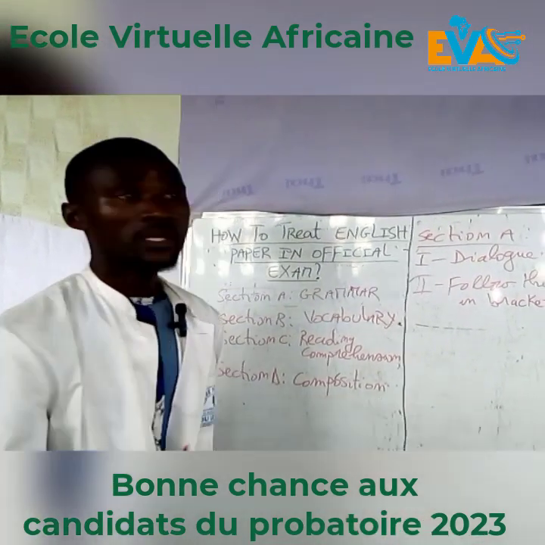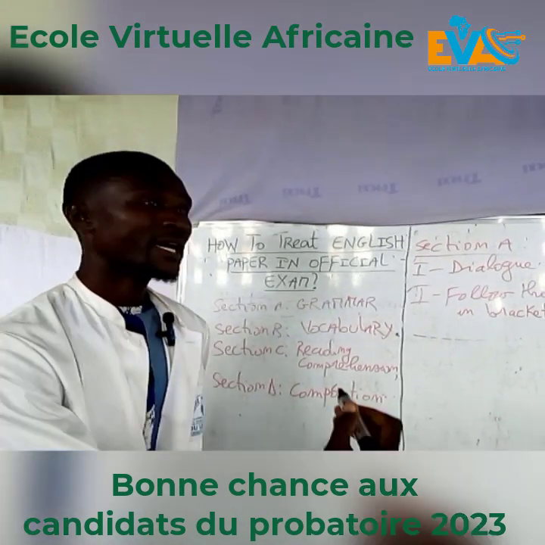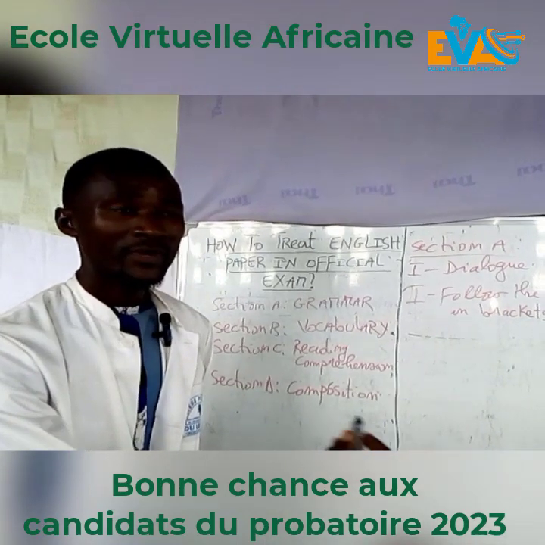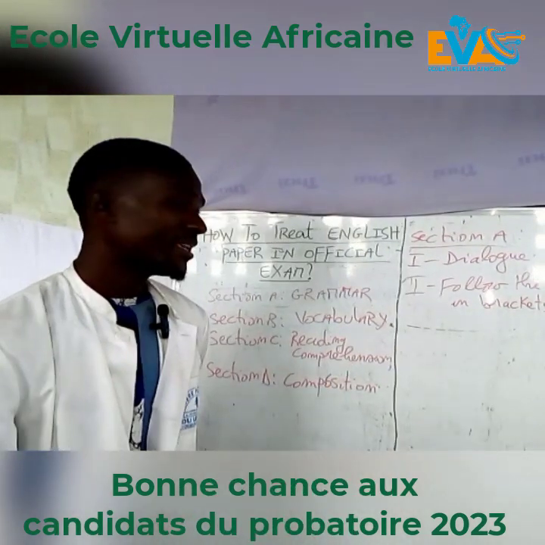It can be a simple sentence to be put in a question tag, or they can ask you to put it into the passive voice. That is all about grammar.